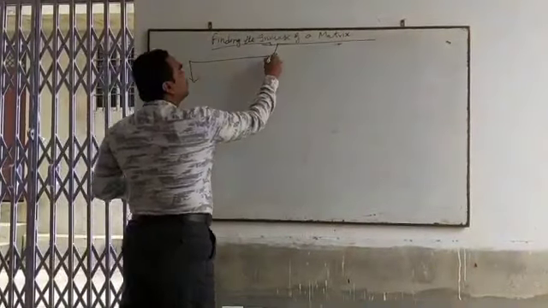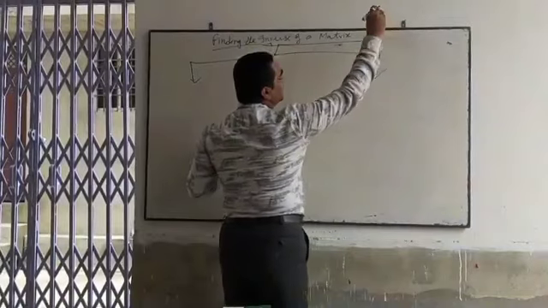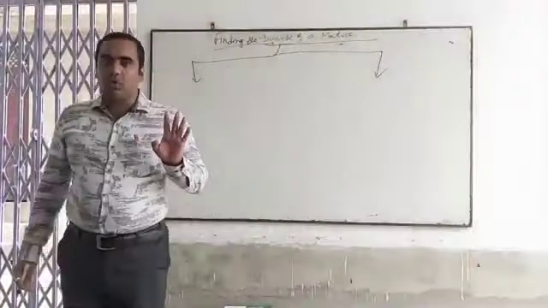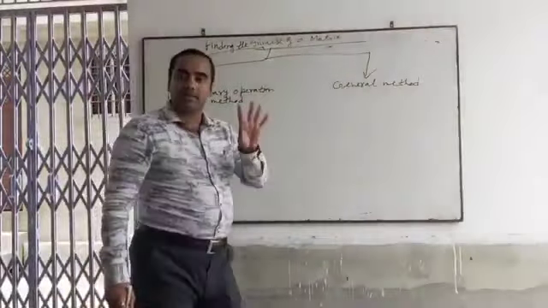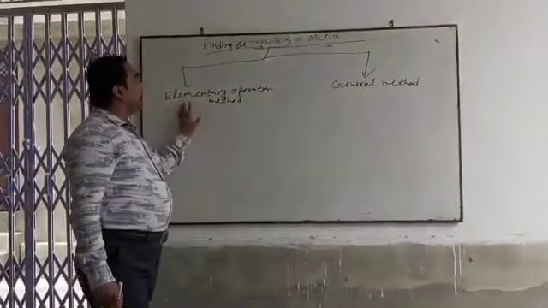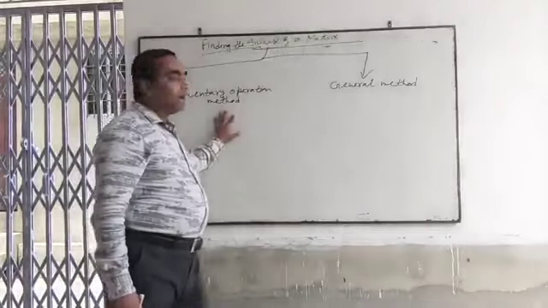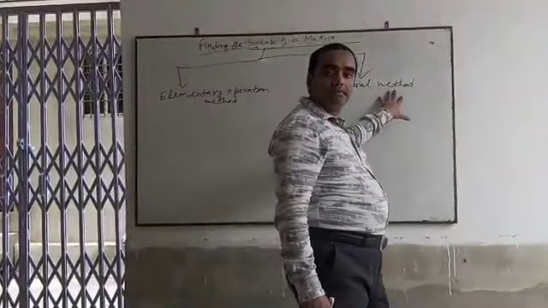Generally there are two ways to find the inverse of any given matrix, already described in your book. First one is the elementary operation method, and the second one is the general method.